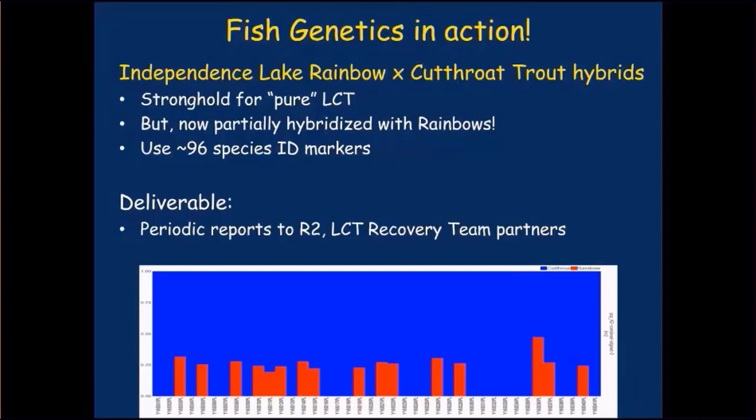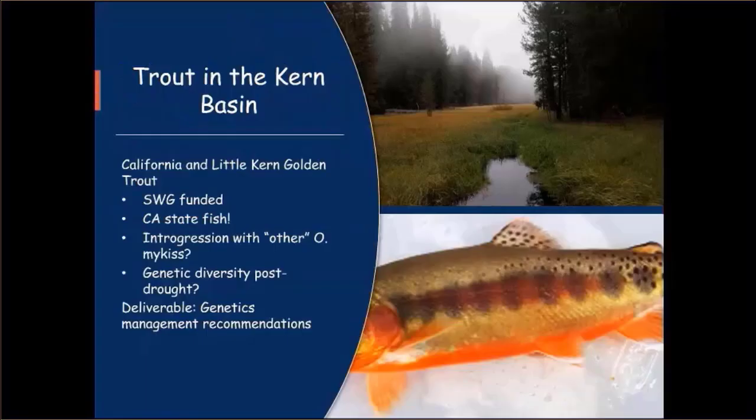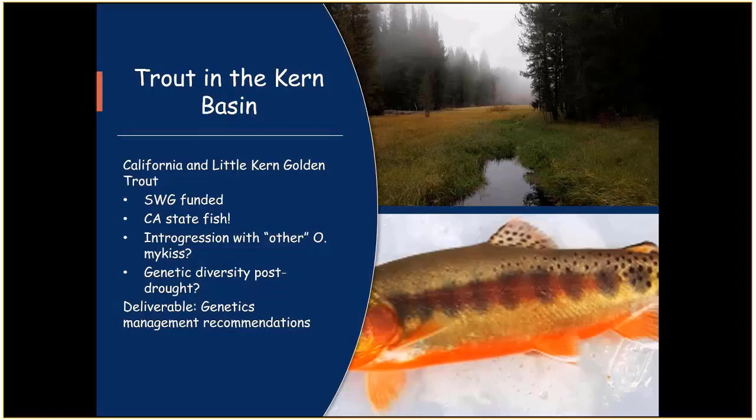Another current project, our big lift in the current fiscal year, is looking at genetic diversity of trout in the Kern Basin. We have SWIG funds right now for a study on California golden trout. We've also been examining genetics of little Kern golden trout in parallel. Kristen's been working on that side of it, as well as a bunch of other populations from the Kern Basin.